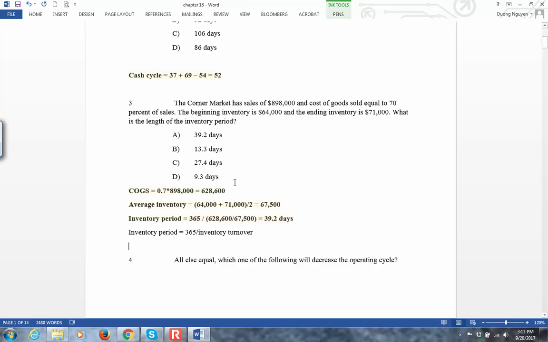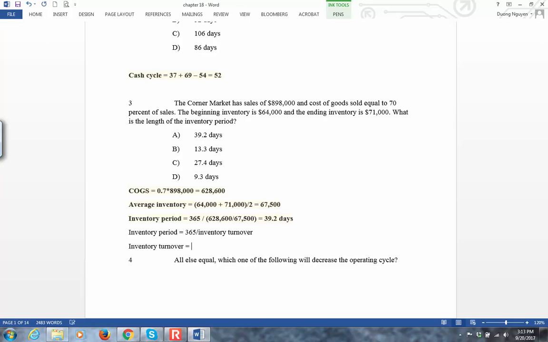So cost of goods sold is 70% of sales, which is 0.7 times 898,000 equal to 628,600. Average inventory, which is 64,000 beginning value plus 71,000 ending value over 2, so you get 67,500.